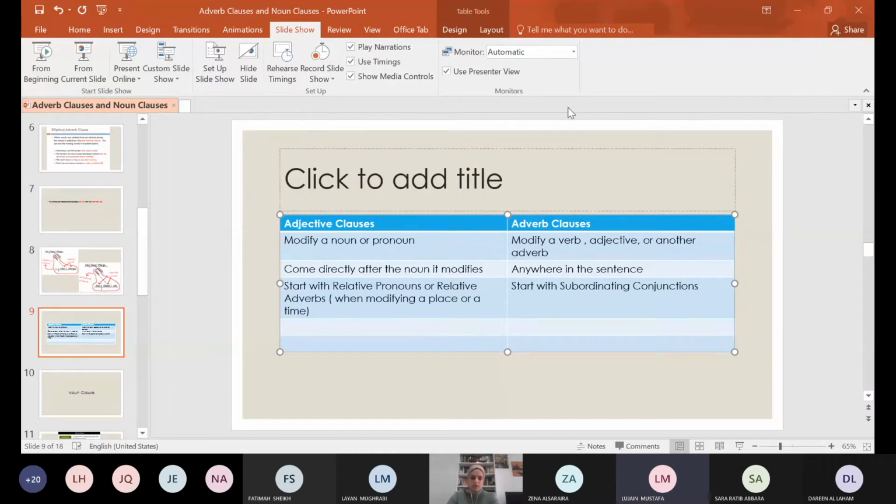Okay, girls. Adjective clause answers what? What kind? And how many? Adverb clause answers what?